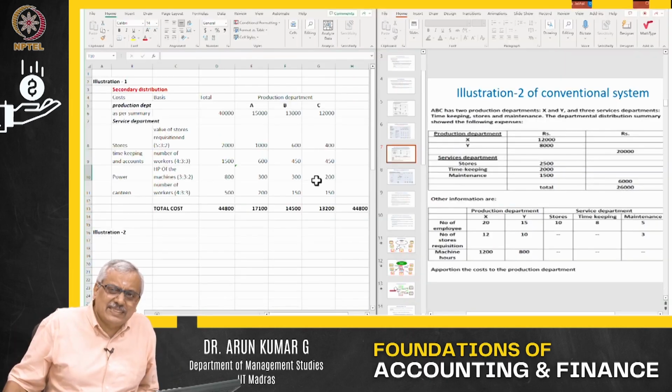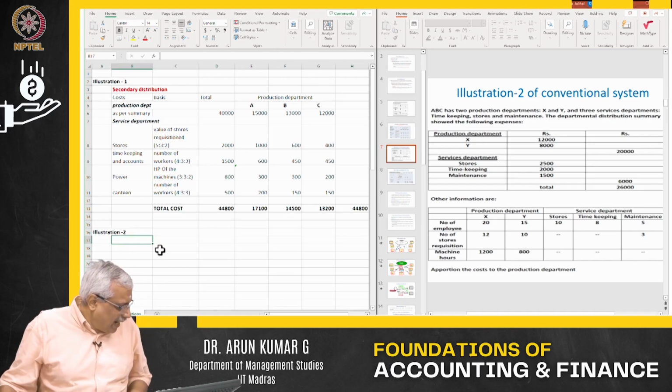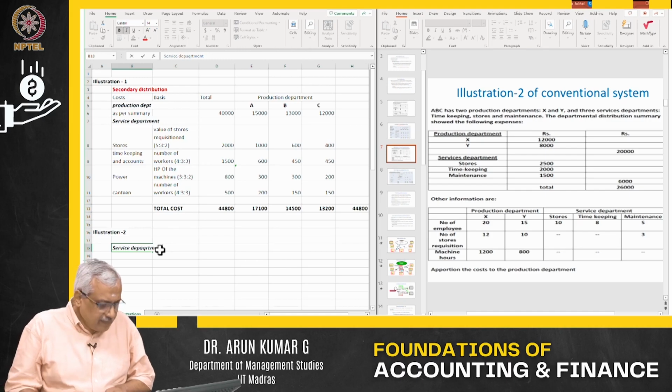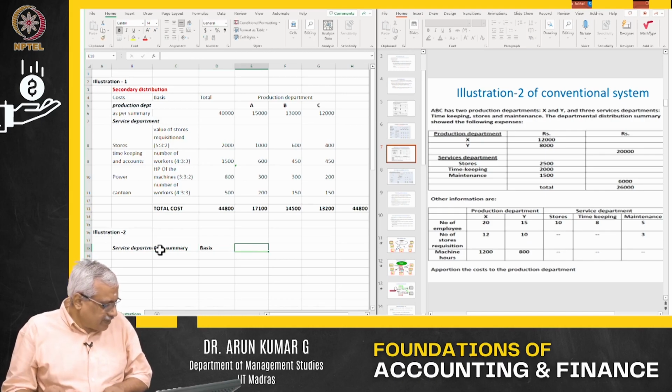So, again we go back to the Excel sheet and do illustration 2. When we do illustration 2, we will start entering the data here. I am going to say service department, then we will say cost summary, and then I will say basis, and I am going to start with step 1, 2, 3 and 4.